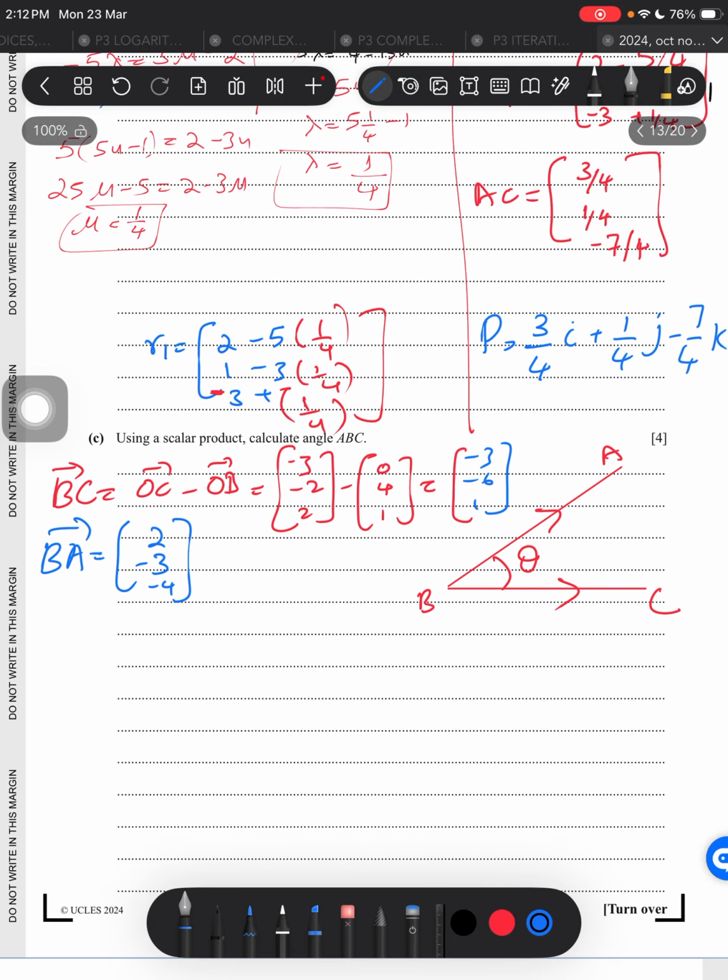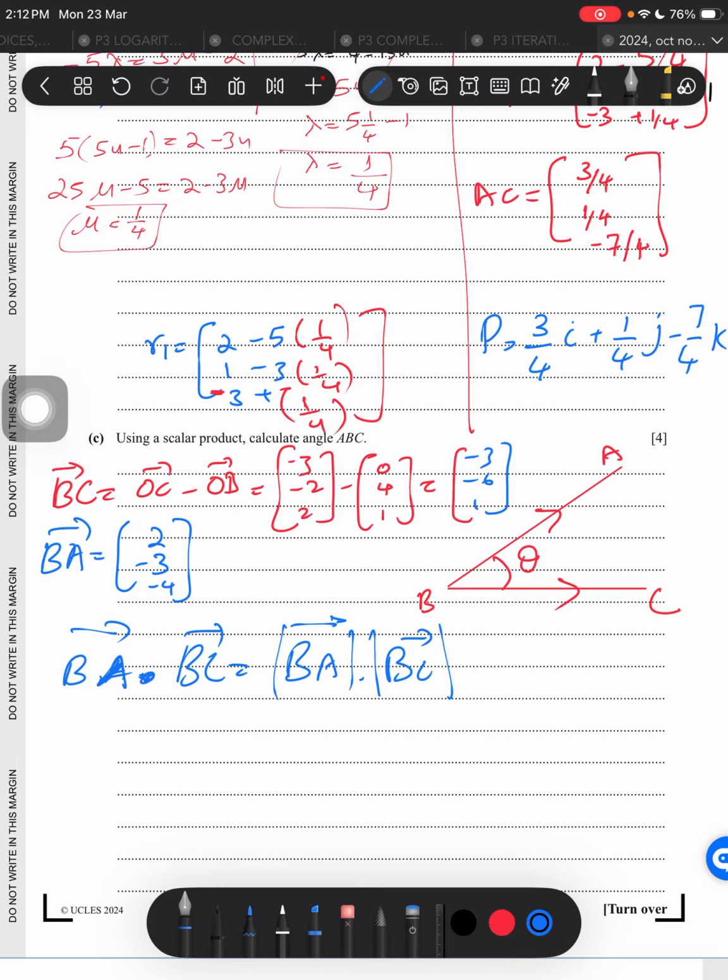So now we can just plug into the formula: the scalar product of BA and BC would turn out to be the magnitude of BA times the magnitude of BC times cos of angle ABC.